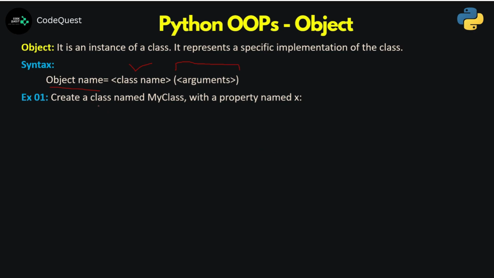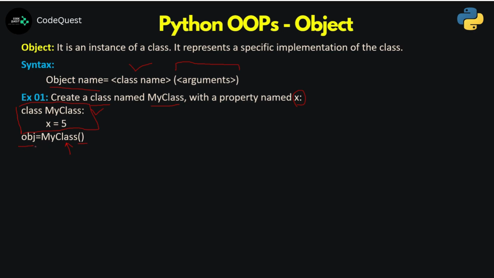For example, we created a class called my class with a property x. So we took class my class, and let's say there is a property x equal to 5. This is only the creation of a class, but now I would like to create an object. I can create it with the syntax object name equal to the class name, and there is no argument as of now.